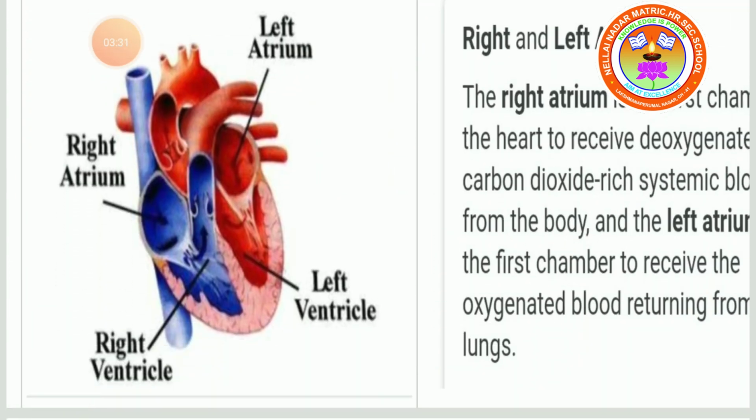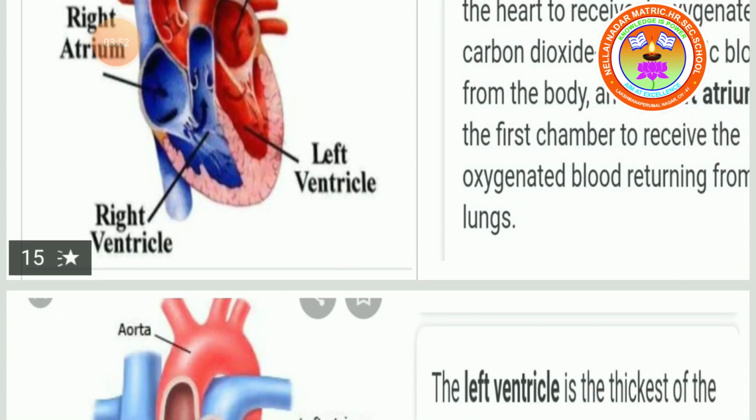Next one, left and right atria. The right atrium is the first chamber of the heart to receive deoxygenated, carbon dioxide-rich systemic blood from the body, and the left atrium is the first chamber to receive the oxygenated blood returning from the lungs.